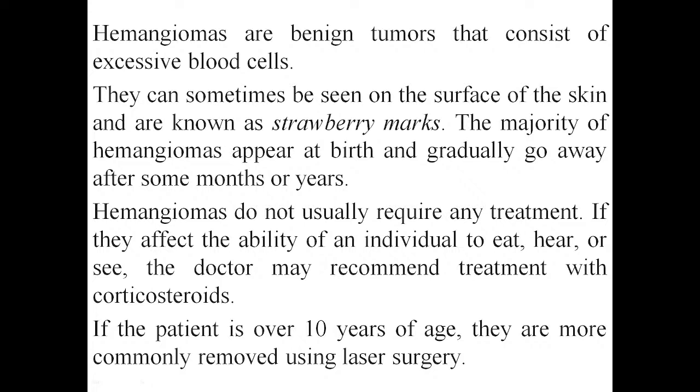Student, the next type of benign tumor is hemangiomas. Hemangiomas are benign tumors that consist of excessive blood vessel cells. They can sometimes be seen on the surface of the skin and are known as strawberry marks.